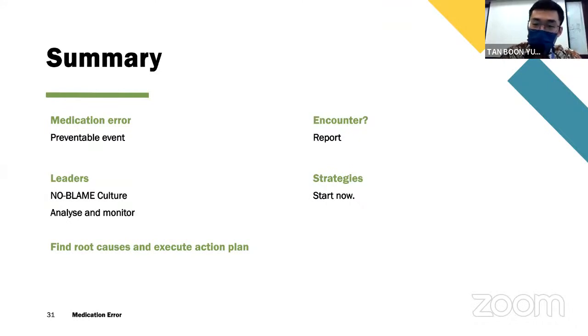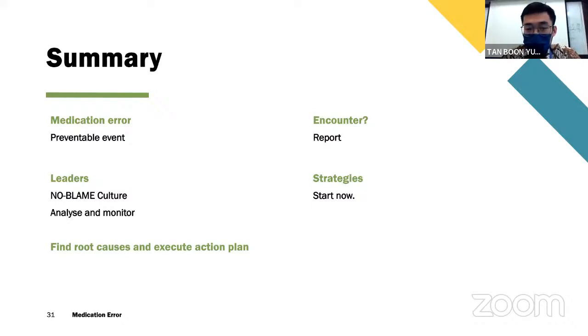When you encounter one, please report. And for the leaders, don't inhibit your subordinates or staff from reporting any medication error that has occurred, regardless of whether they are the one who did it or other people.